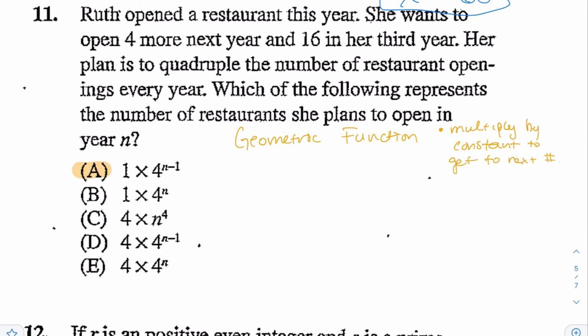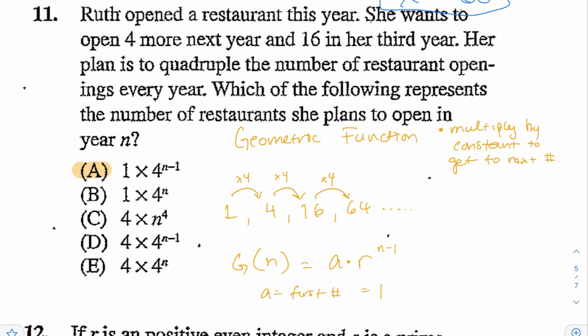So you have 1 restaurant, then 4, then 16, then 64, and so on. Here you see that you keep multiplying by 4. That's a pattern. So for this geometric function, g of n, the nth year, or the nth number, will be a times r raised to the n minus 1 power, where a is the starting number.